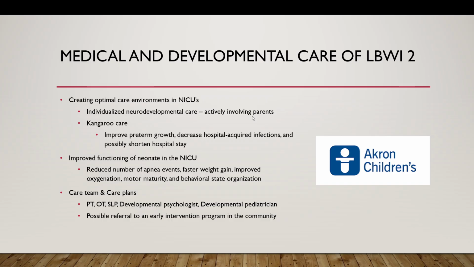Little babies in the NICU do better when their parents are able to be with them as much as possible, or they're able to have as much contact with adults as possible. That's called kangaroo care, and this improves preterm growth, decreases hospital-acquired infections, and it can possibly shorten the hospital stay. Kangaroo care is when we place the baby on the chest of a parent, and they can get all that good care that way.